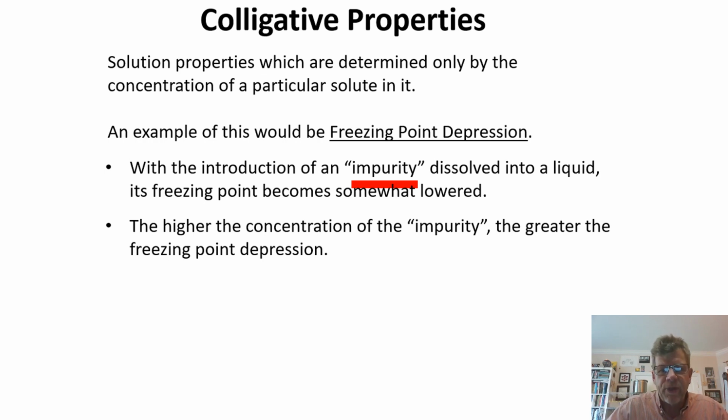Now, freezing point depression is a colligative property because the higher the concentration of the impurity or whatever is dissolved in that solvent, in this case water, the greater the depression we get in the effect if we were to freeze that now solution.